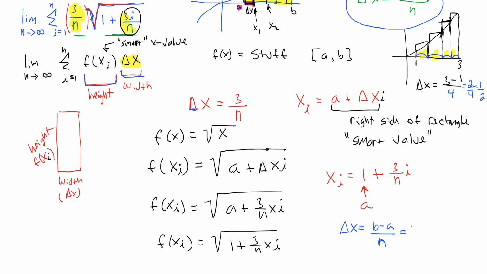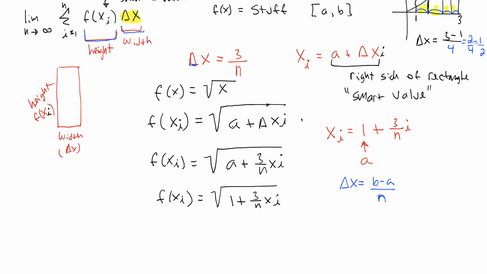So we know that delta x is equal to b minus a, which is 1 over n.